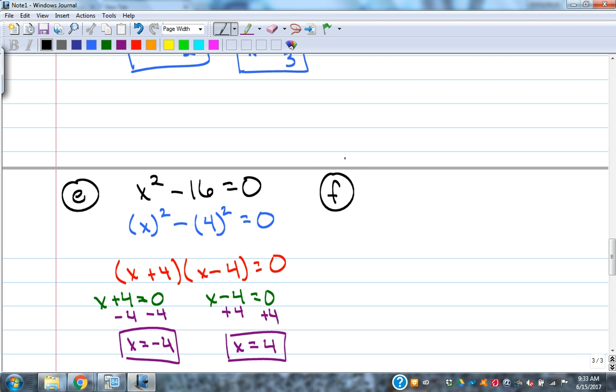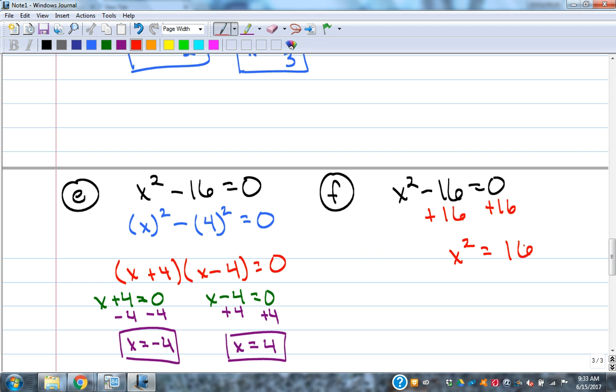So if you have the exact same problem, but for some reason you thought, I don't remember how to factor differences of squares, but I know I'm supposed to get x by itself. Well, I can get x squared by itself by just adding 16, right? And I get x squared is equal to 16.